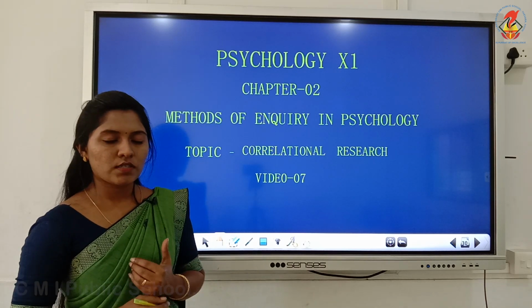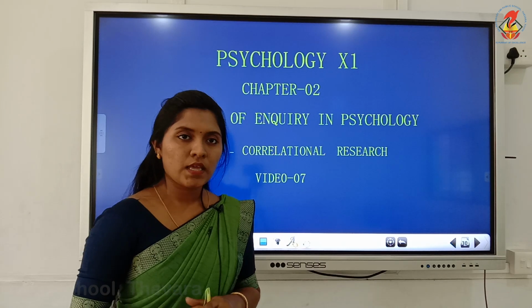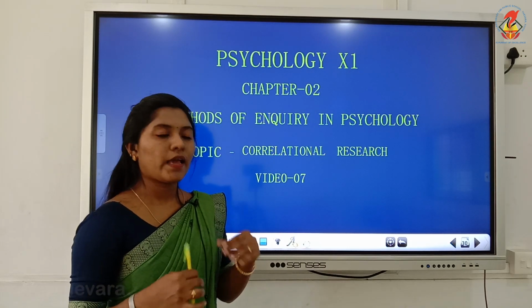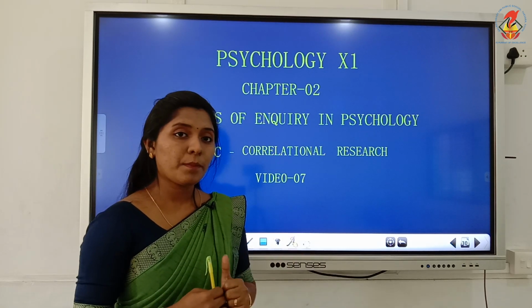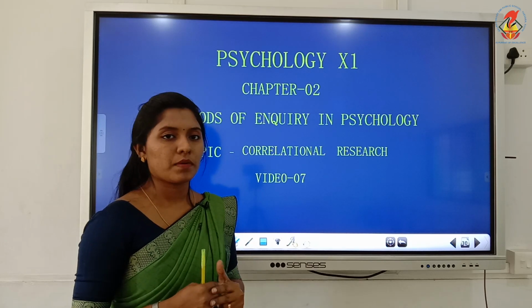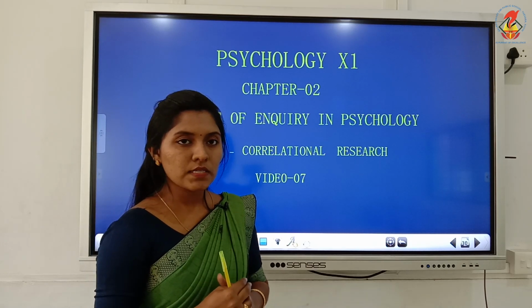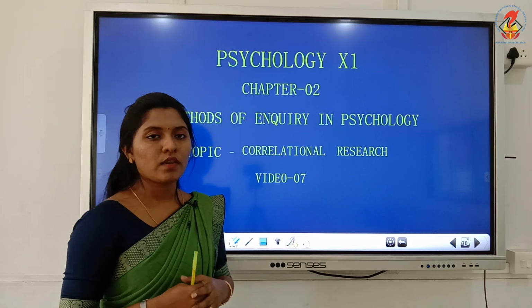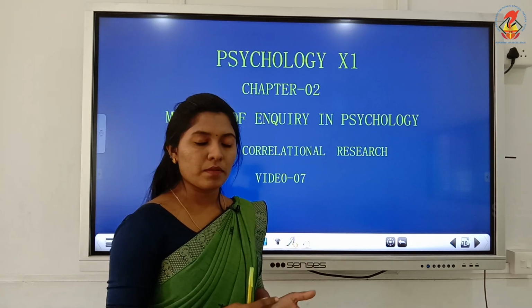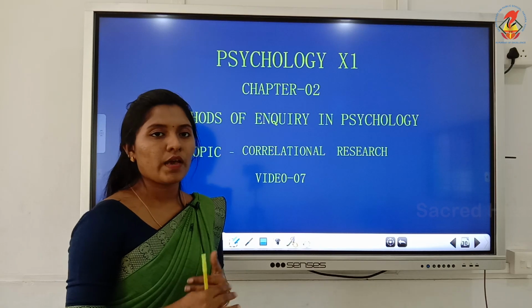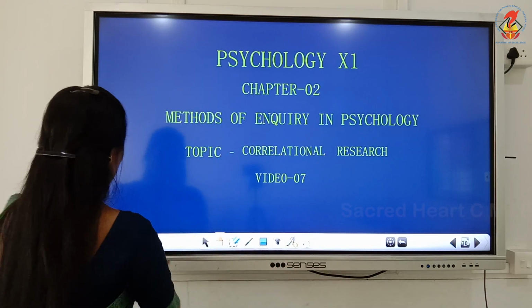In correlational research there are two variables. In the experimental method we manipulated the variables, but in correlational research we find the relation between these two variables. We are just measuring them, we are not manipulating the variables.